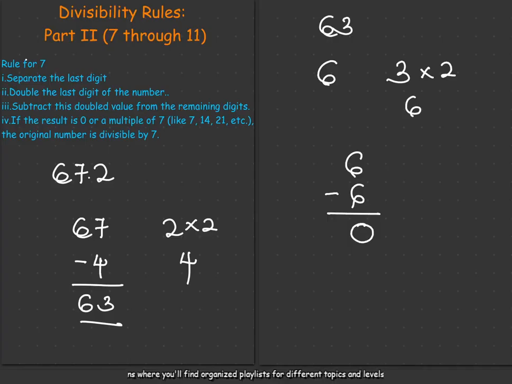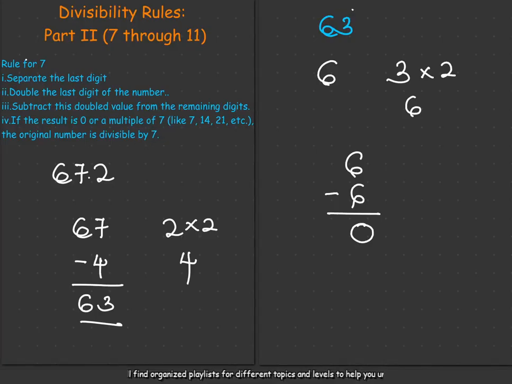I do hope you've realized what we are doing here. In actual sense, we want to find out if 63 is divisible by 7. And we have done that. Since we have our 0 here, it says if the result is 0 or a multiple of 7, it means the number is divisible by 7.